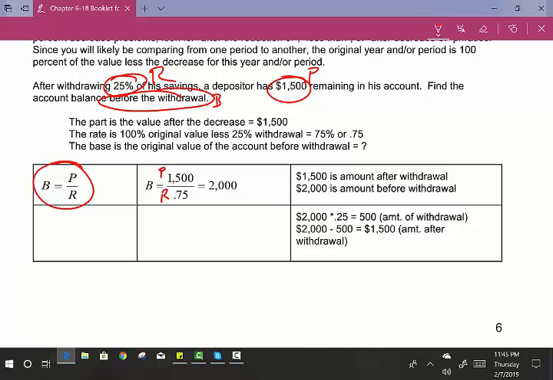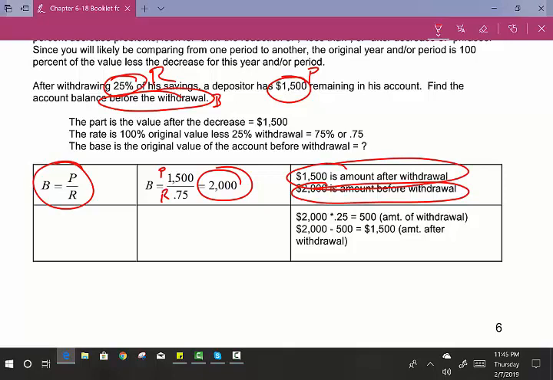So 100% from last year, and then I had a 25% decrease, which gave me a 75% value to find the amount before the withdrawal. So 1,500 divided by 0.75 equals $2,000. That's the amount before the withdrawal. $1,500 is the amount after the withdrawal.